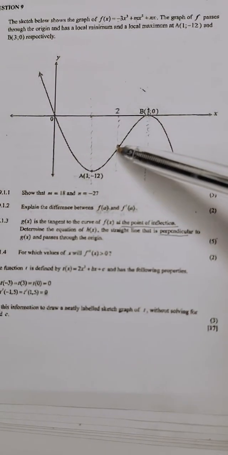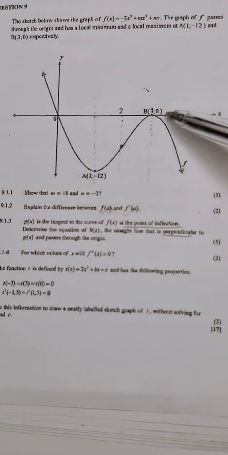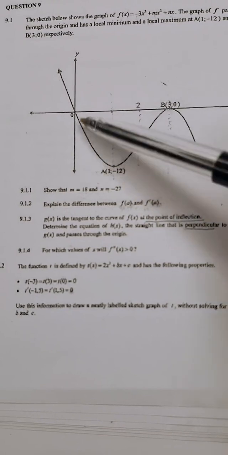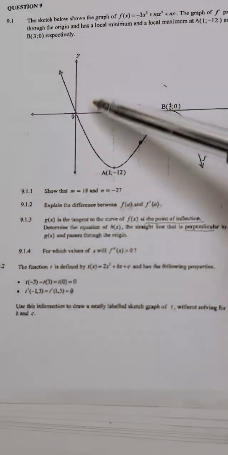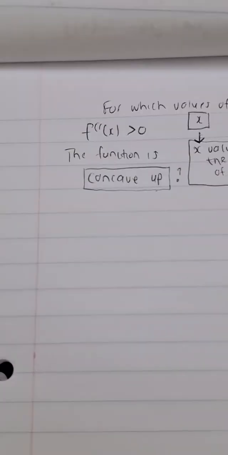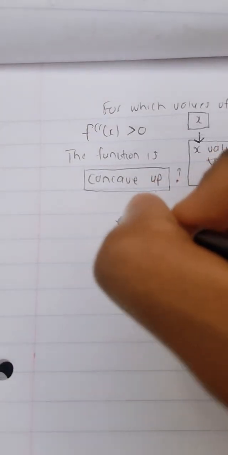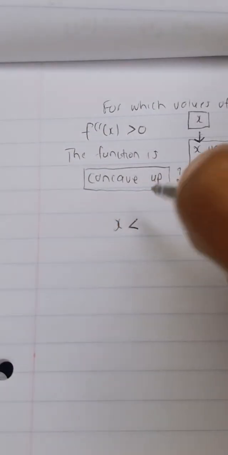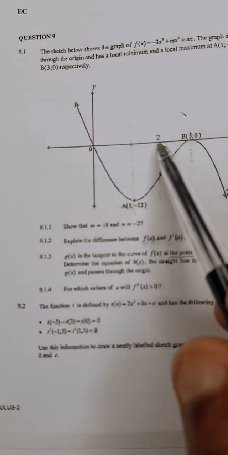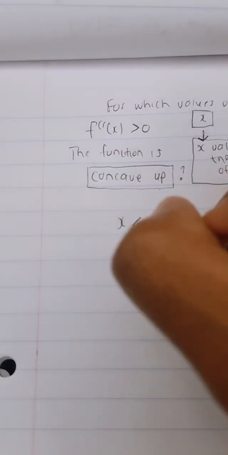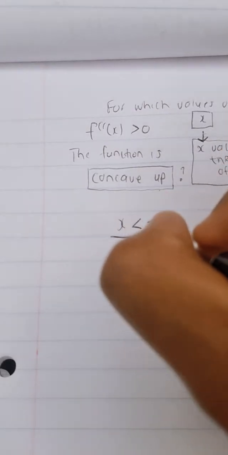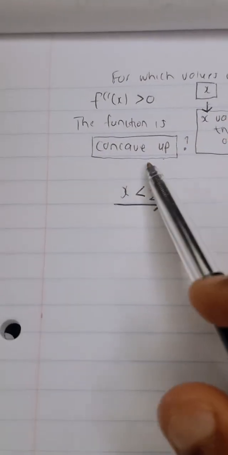From here, going this side, it's concave down. Concave up means smiley face side up, right? So the answer, simply put, is where x is less than 2. That's where the function is concave up.